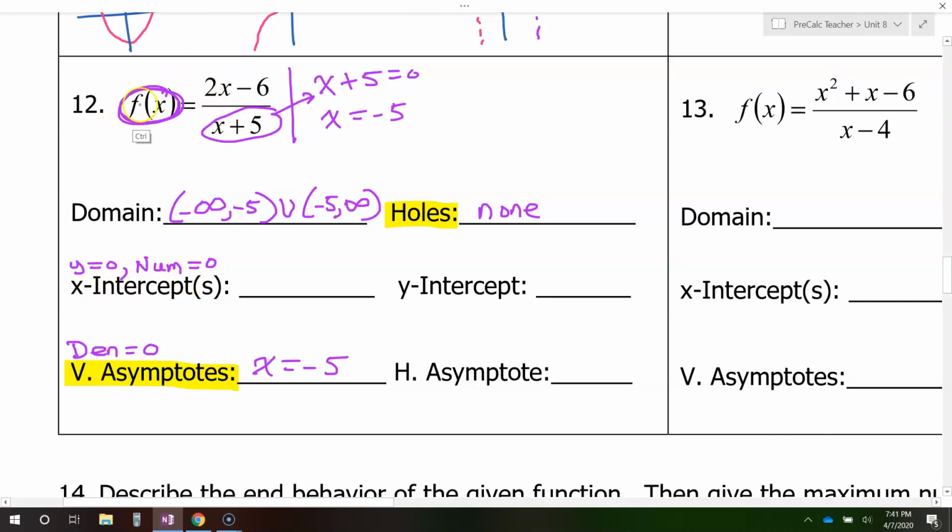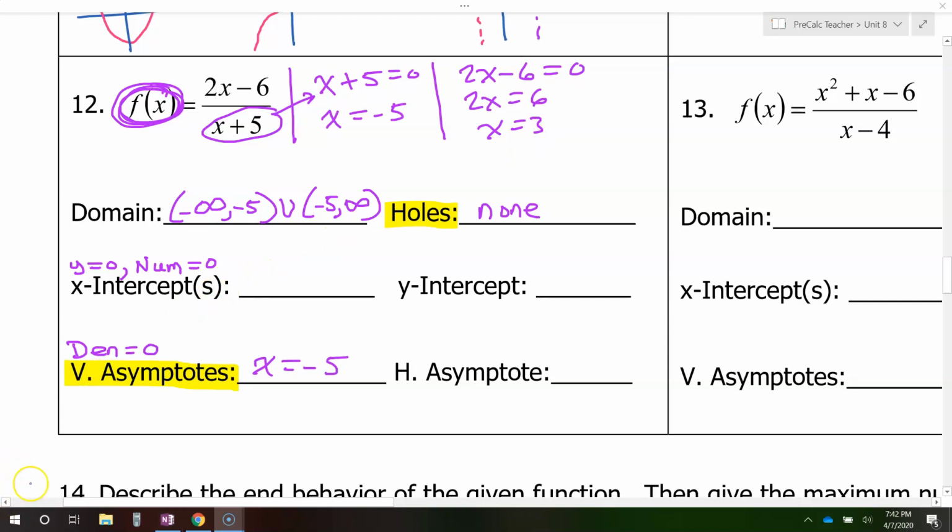Setting the entire function equal to 0 means that the numerator has to be equal to 0. So 2x minus 6 has to equal 0, because the denominator can't be 0. So the only way that the entire function is going to be 0 is if the numerator turns out to be 0. Adding 6 to both sides, I have 2x equals 6. Dividing by 2, I have x equals 3.